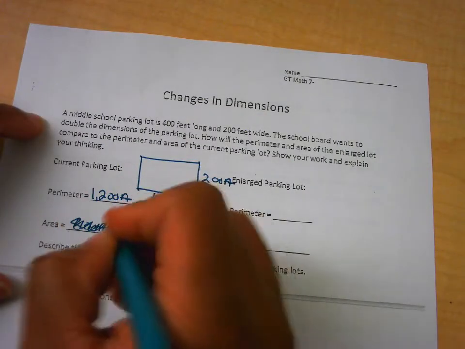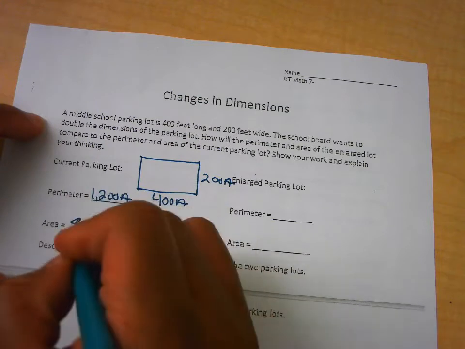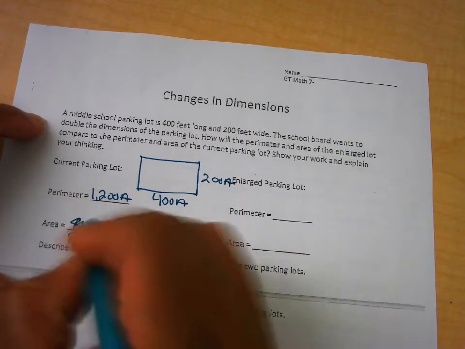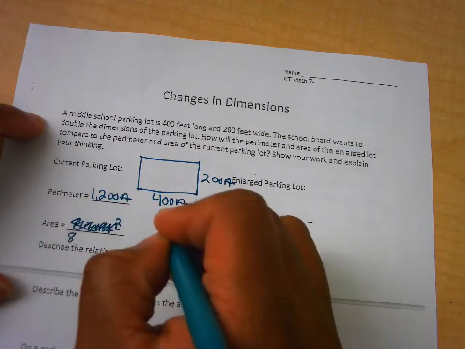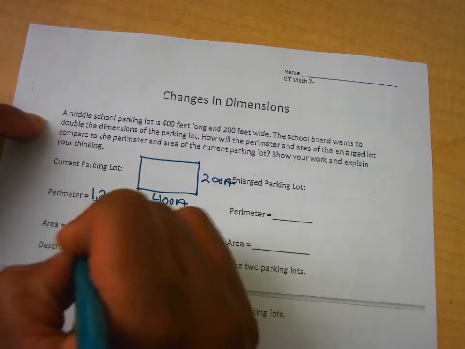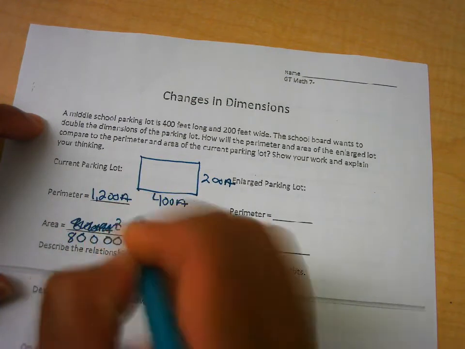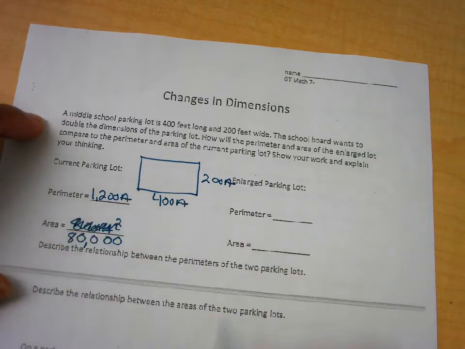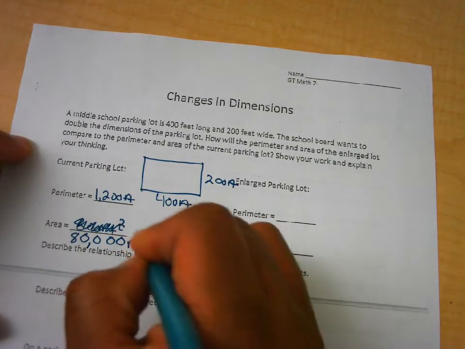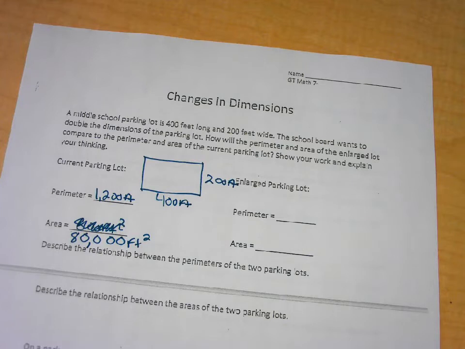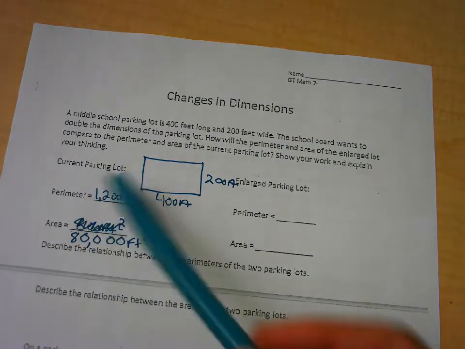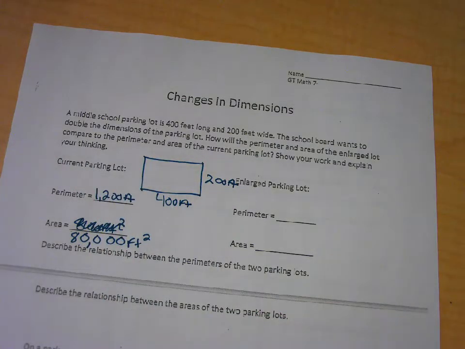My bad, guys. So 8, and then how many zeros? So it's 80,000. My bad. Feet squared. So the perimeter is 1,200 feet. The area is 80,000 feet squared.